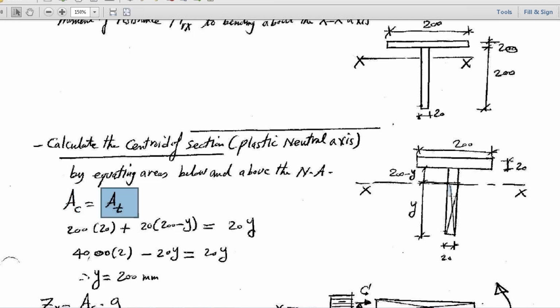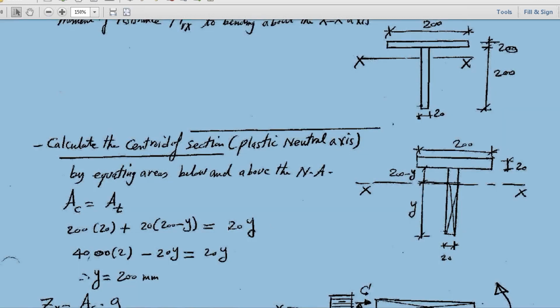So the area in tension is this one, 20 times y. The area in compression should be 200 times 20, which is what we see here, plus that area, which is 200 minus y, times the thickness of the plate, which is 20. By solving that equation, I got y as 200.